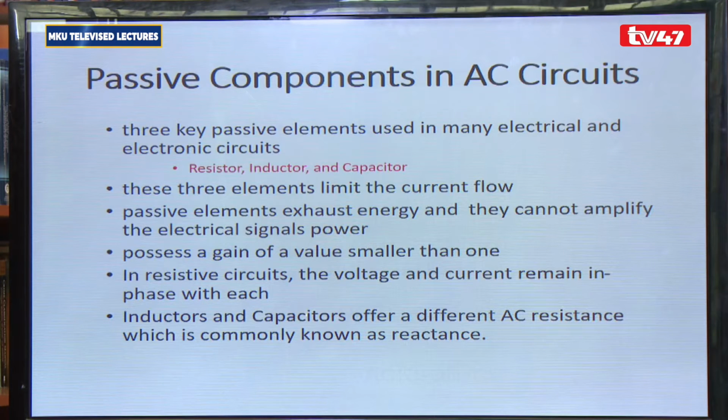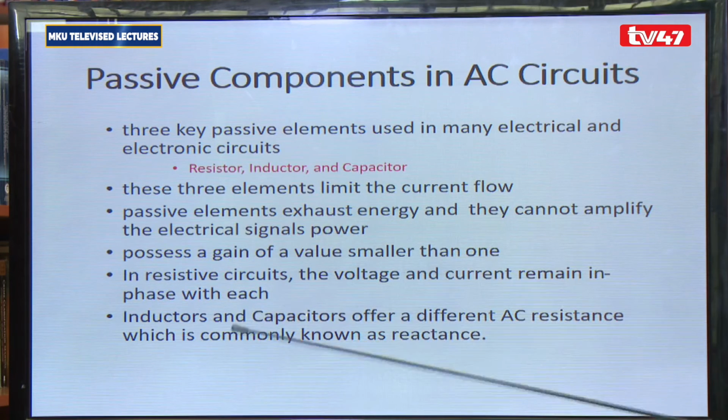Now, in the series circuits, there are components which you call passive components. Passive components are those components which actually limit the current in a circuit, though they do this in different ways. They are resistors, inductors, and capacitors.